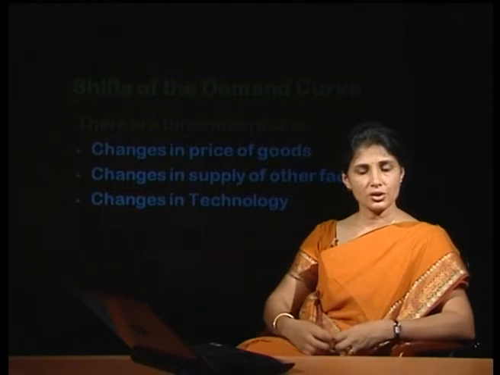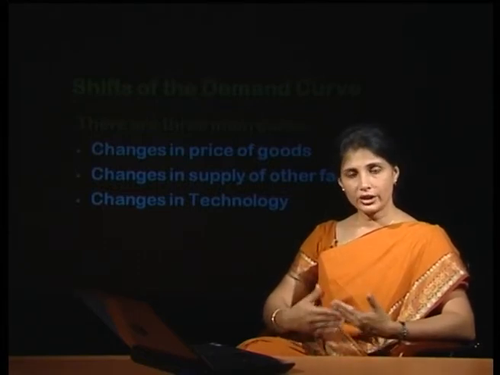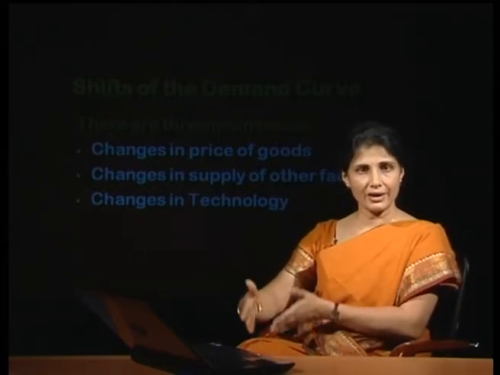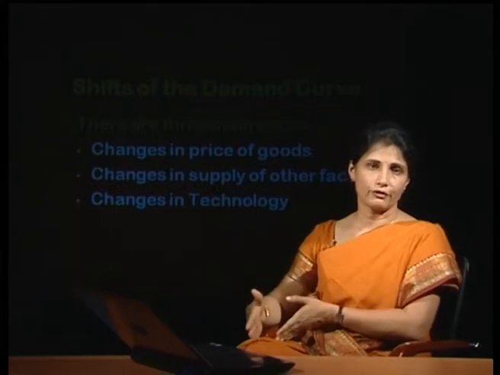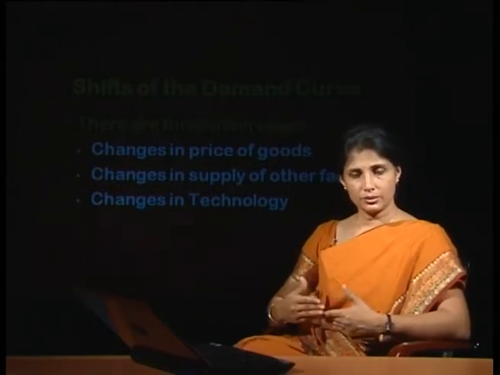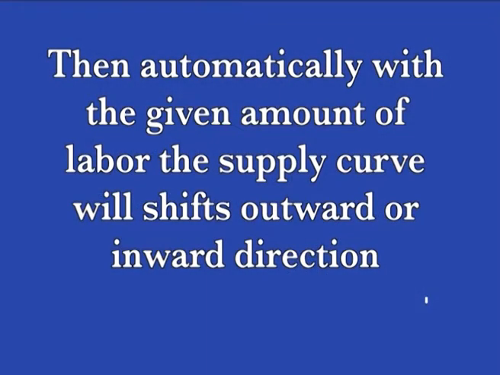Depending on how technology changes, the demand for various factors would be affected. Take for example, if there is a technology improvement in the economy, then automatically with the given amount of labor, the supply curve will shift outward or inward.